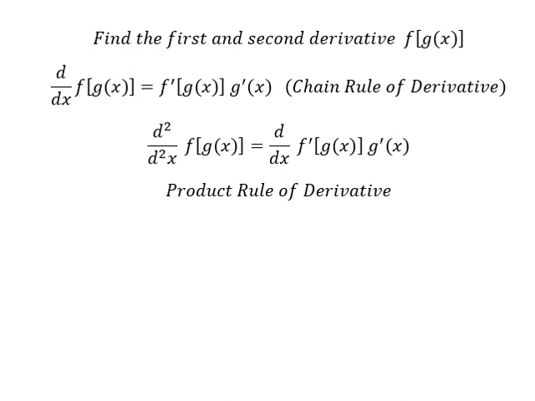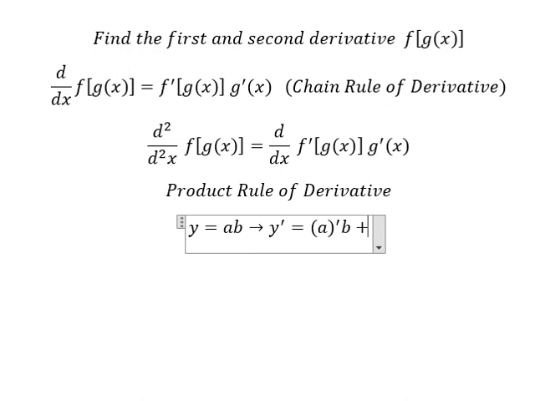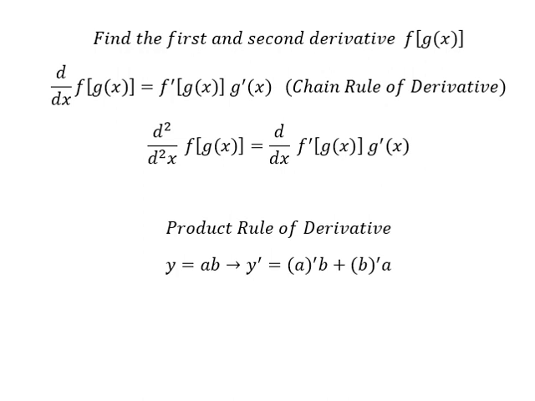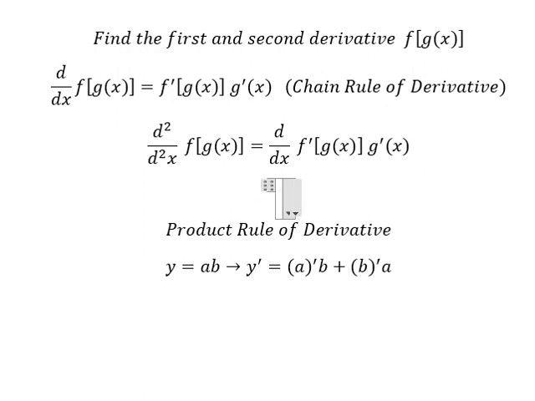So we have y equals ab. So if we do the first derivative, we need to do the first derivative of a multiplied by b plus the first derivative of b multiplied by a. So this one we have like this.